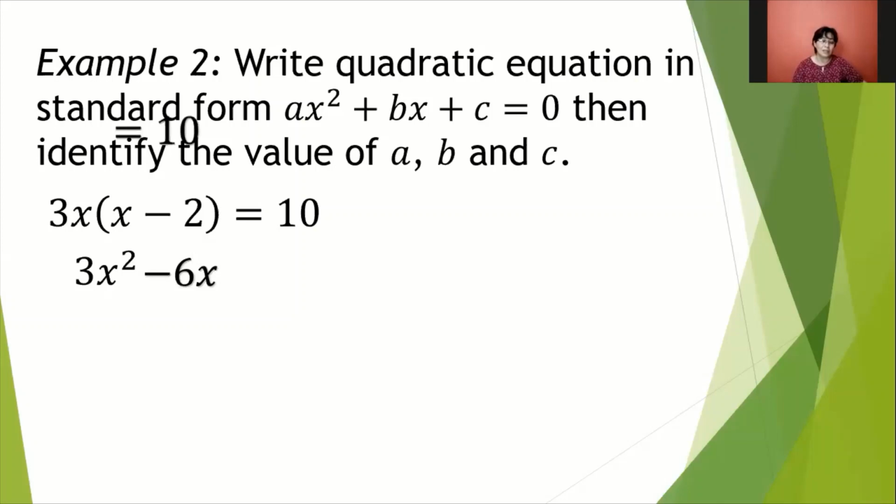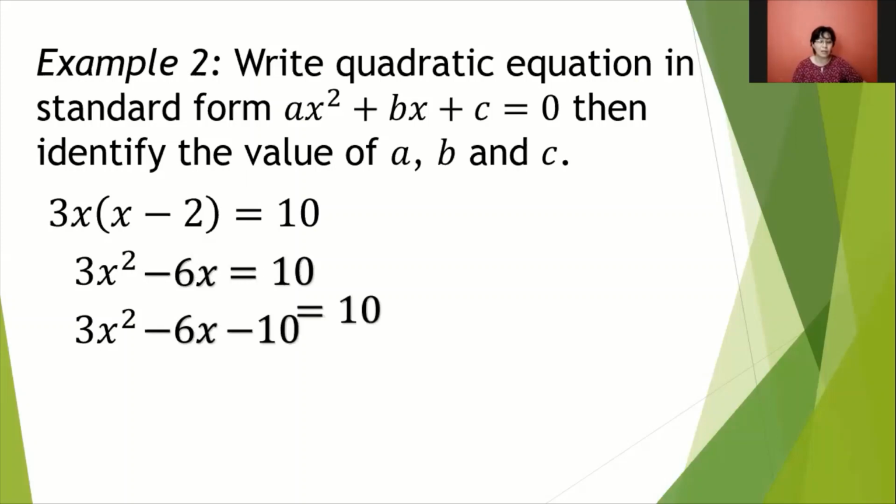Using the axiom of subtraction, it is 3x squared minus 6x minus 10 is equal to 10 minus 10. And obviously, 10 minus 10 is equal to 0. There are some cases that some students take a shortcut.